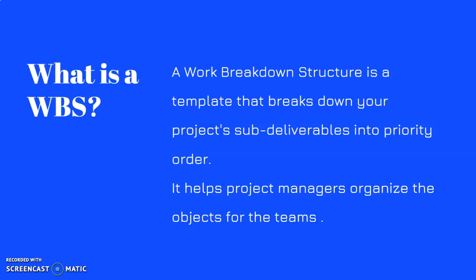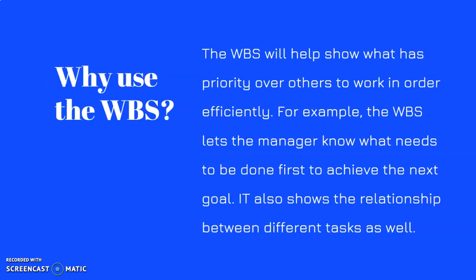It is most utilized in what comes next, the why we use the work breakdown structure. The work breakdown structure will help show what has priority over others to work in order efficiently. For example, the work breakdown structure lets the manager know what needs to be done first to achieve the next goal.